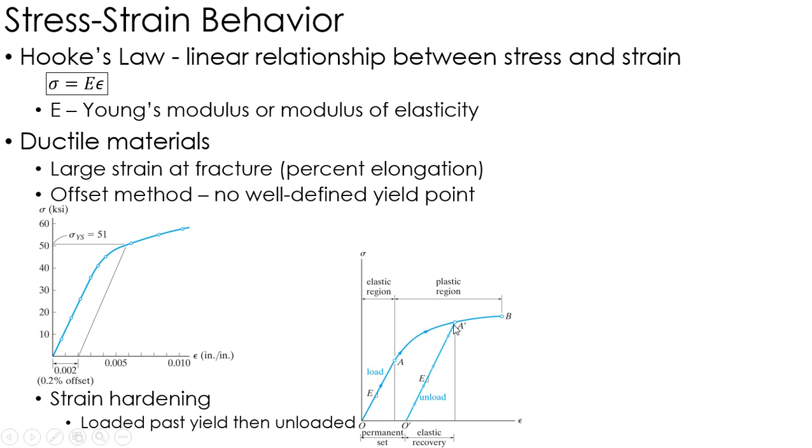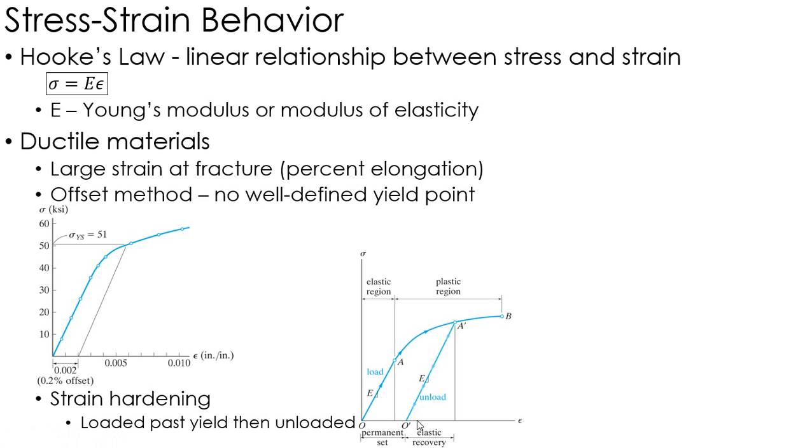Well, what happens then? The material acts just like it did in the proportional limit, in the fact that it goes down, it follows that same slope back. It doesn't follow the curve back, it just goes down at the slope of the modulus of elasticity, all the way down to when my stress is again 0, completely unloaded, and the strain it is at that point is the permanent set.